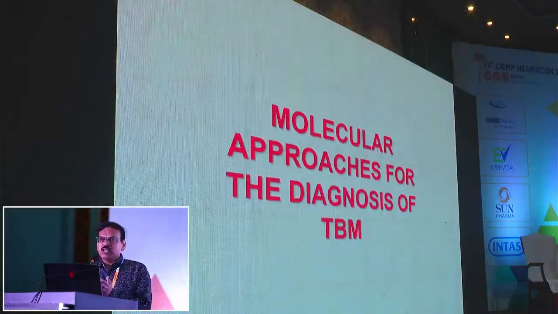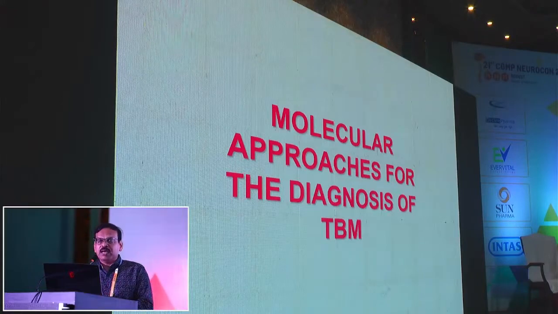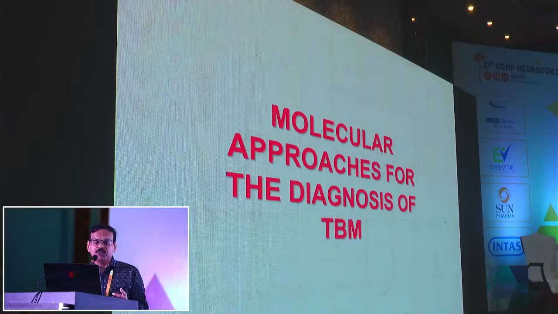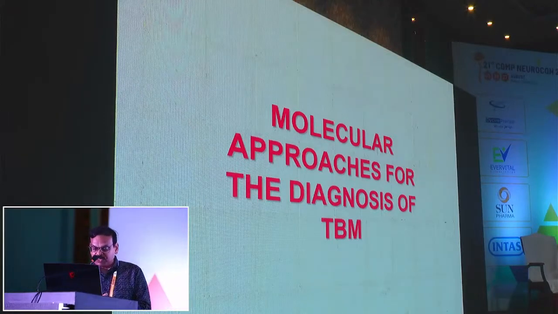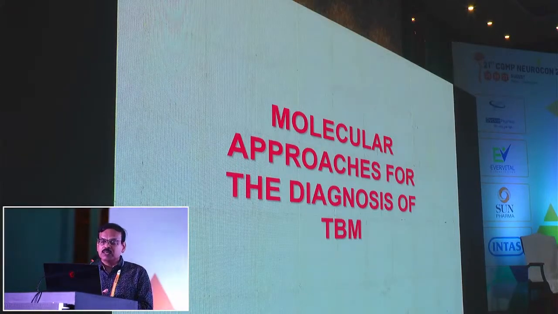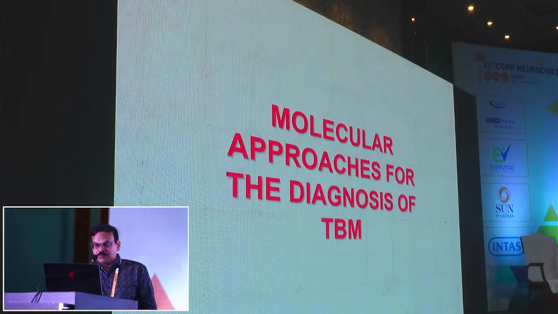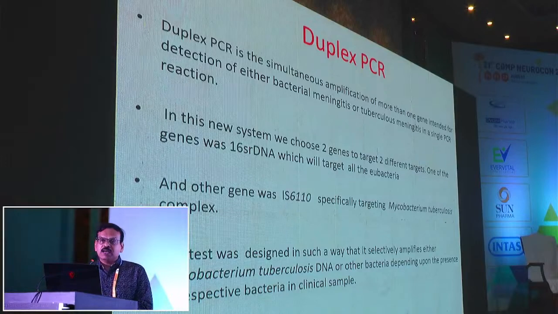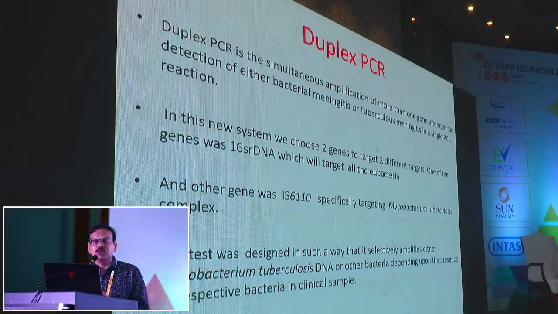In 2012, the government relatively banned all the immunological tests because of a lot of issues of sensitivity and specificity. So our lab also moved towards a molecular approach. We developed a new duplex PCR test, which together looks at two genes, the 16S DNA gene for bacteria and the IS6110 gene for Mycobacterium tuberculosis.